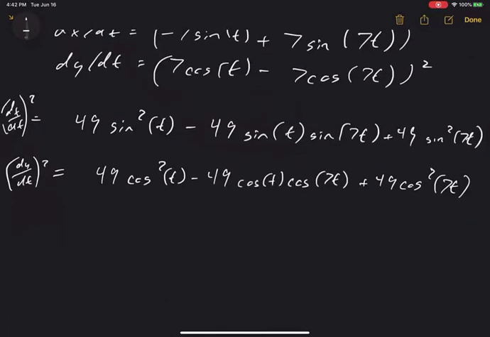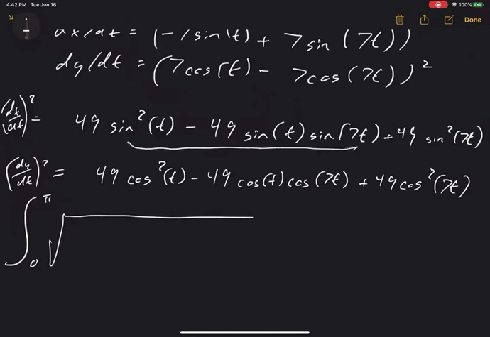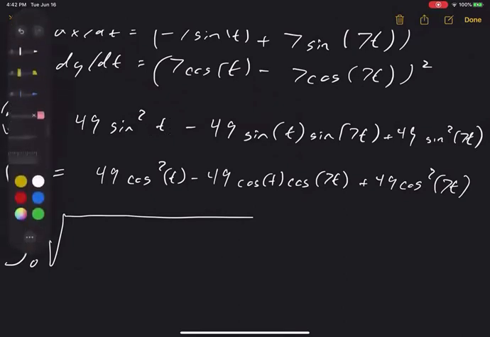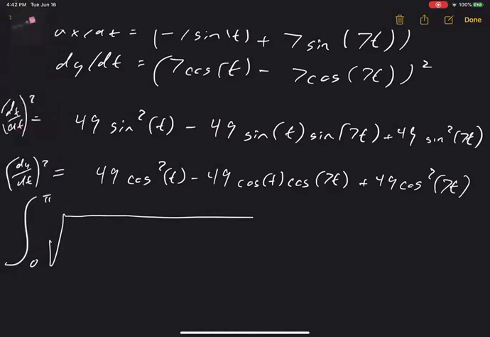All right, so let's take these and plug them into our formula, integrating from 0 to pi. Then I'm adding these together, and I'm not going to write these all out again. We can use trig identities to combine this stuff, right? I'm adding this top line to this line. So let's look at this term by term. 49 sine squared plus 49 cosine squared, well, that's 49, right?